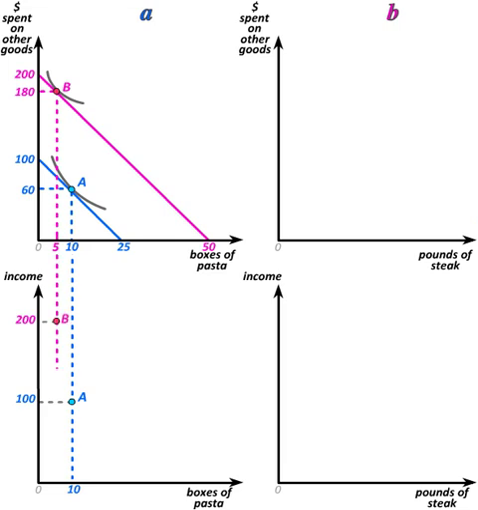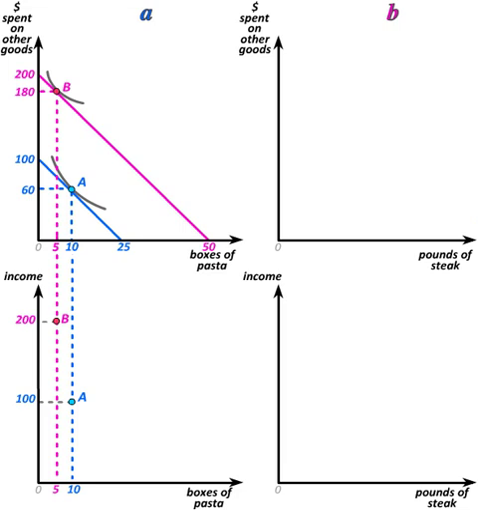Bundle B, on the other hand, lies on the magenta budget, which arose from a $200 income. Thus, bundle B will lie at a vertical height of $200 in the lower panel. At bundle B, we're consuming 5 boxes of pasta, which should also be shown on the lower panel as 5 boxes.